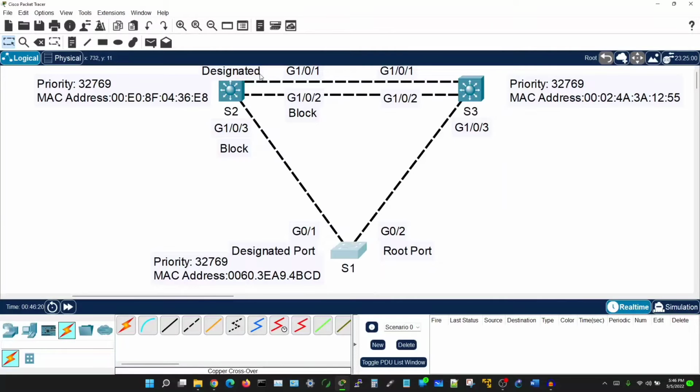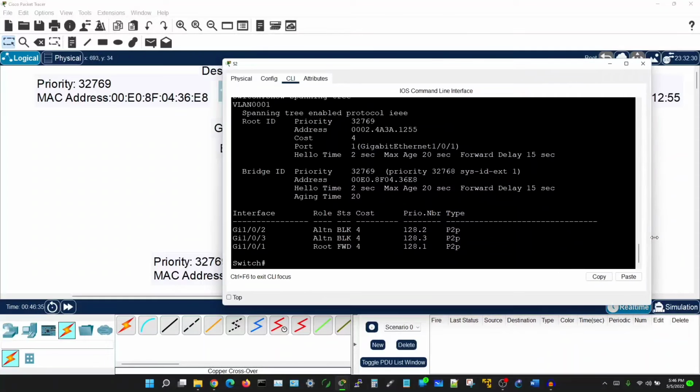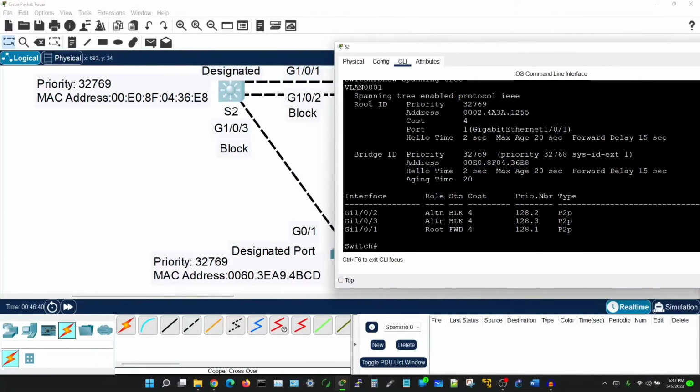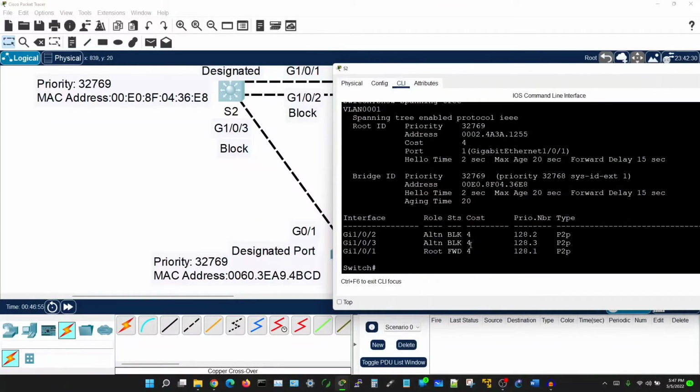Now what about S2? We said that gigabit 1/0/1 should be designated, and then the rest should be blocking. All right, so there you go. As we predicted, gigabit 1/0/1 was supposed to be the root port, right?